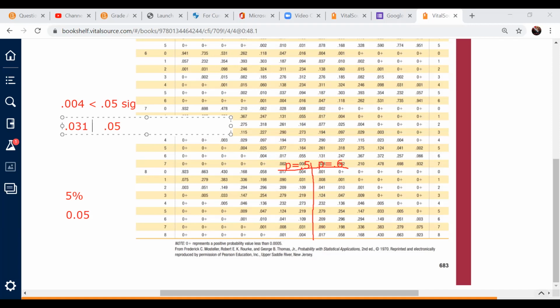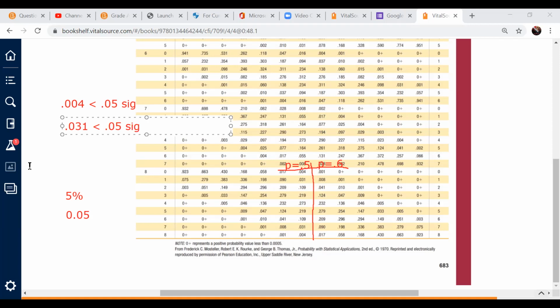Is that number less than or greater than? Greater than. All right, I'm not going to knock you for trying, but we have to think about what we're referring to. We're referring to 0.031, and 0.031 actually is less than 0.05. It happens, trust me.